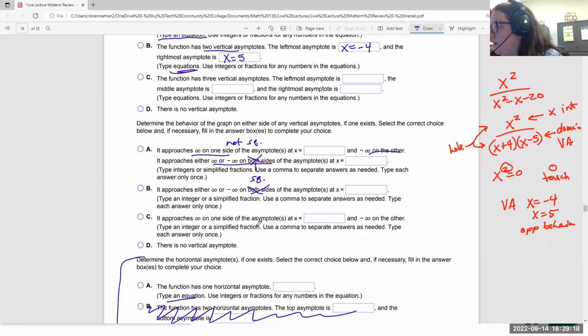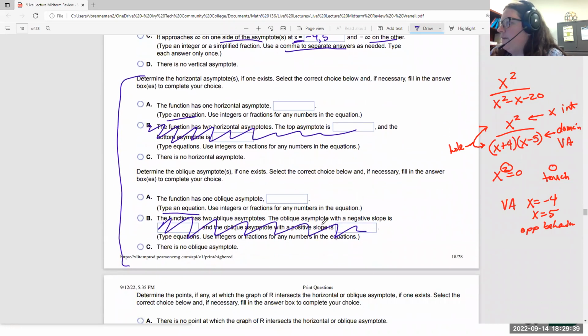So it approaches infinity on one side of the asymptote and negative infinity on the other. I'm using a comma to separate answers. The x equals is already given outside of the answer box. So here I'm just putting in the -4 and the 5.